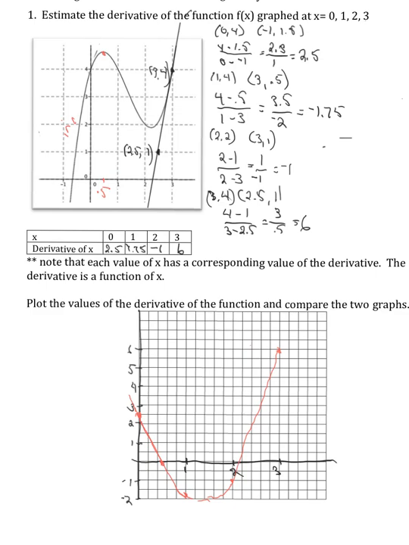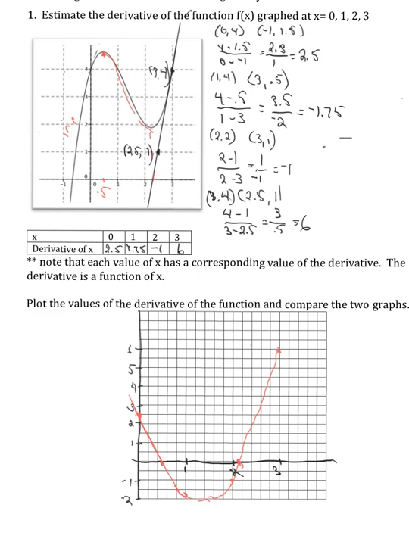Now, my graph crossed again here. In between those two, my graph was below the x-axis, and that was the region where my original graph is decreasing. It's decreasing from positive 1/2 to a little after 2. We'll call that maybe 2.3.